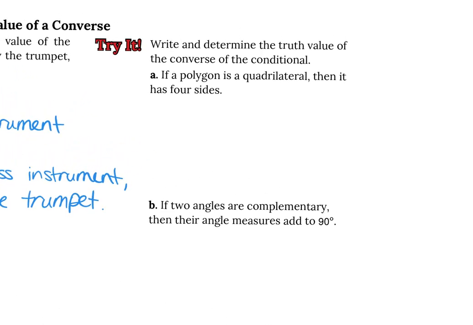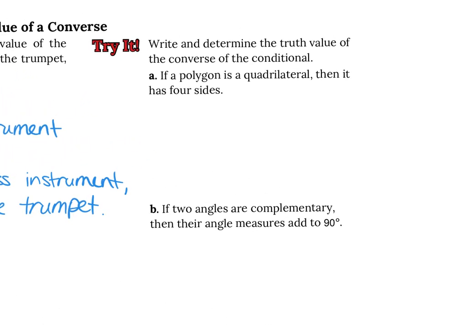All right, our try it. If a polygon is a quadrilateral, then it has 4 sides. So if we're flipping this to create the converse, then it would be, the right pen here.